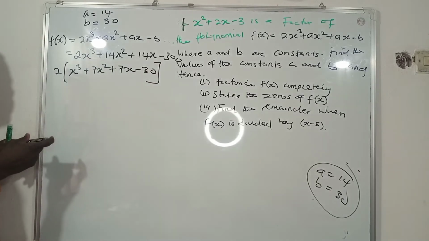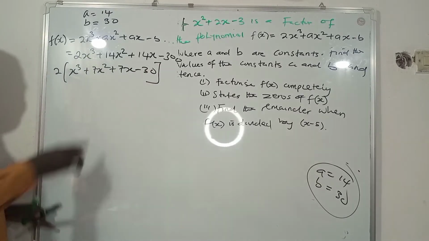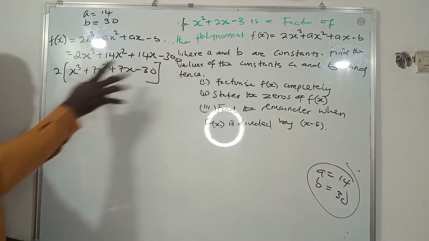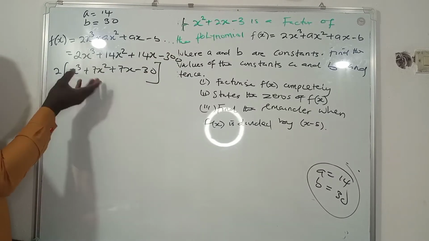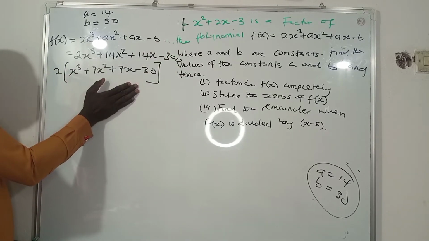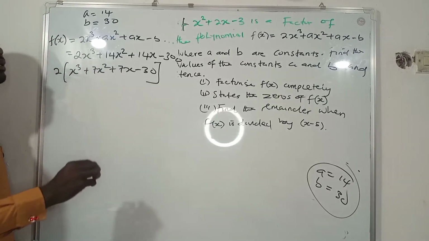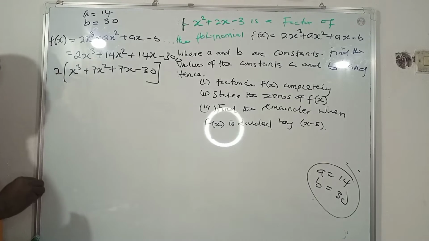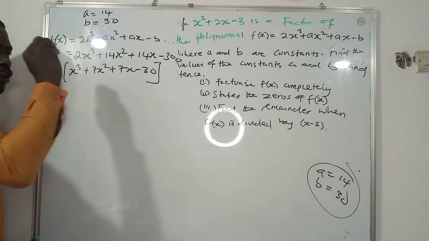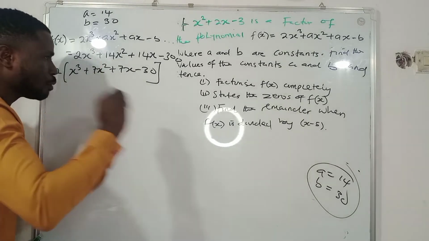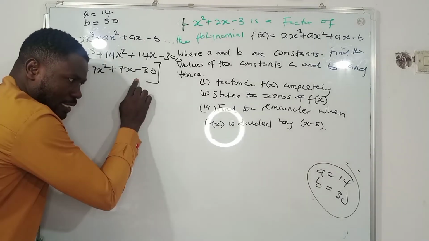If you factorize 2 out, in other words, 2 is common to each of the terms, so I place 2 outside while we have this inside the bracket. Now we have to consider this to be our main expression, which, if I use the long division method of polynomials, will be my dividend.